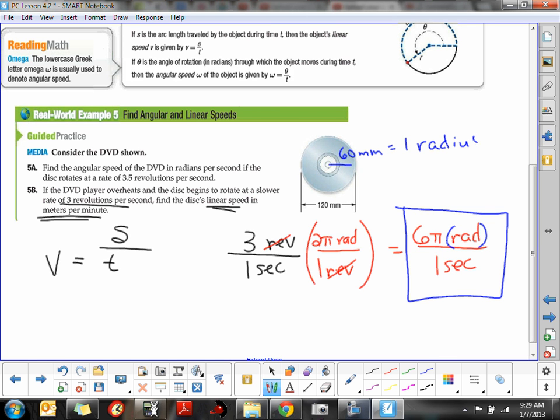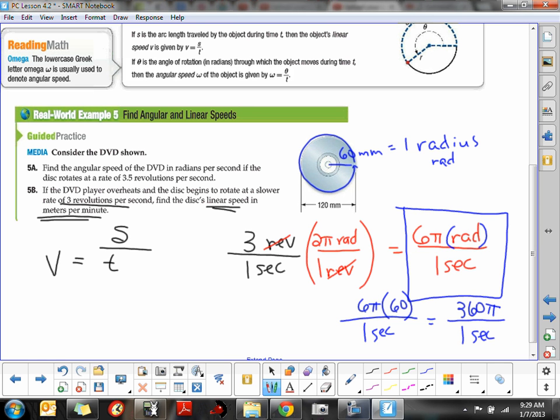And a radius is another way of saying radian. So to get a linear distance, how far do we travel in 3 revolutions around the outside edge of the circle? Well, if we did 6 pi times 60 of those lengths of the radius, we would end up with, doing a quick calculation here, 360 pi all over 1 second.